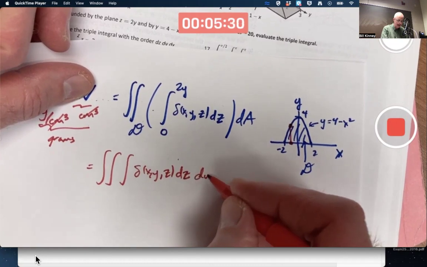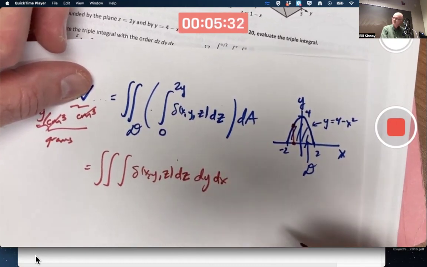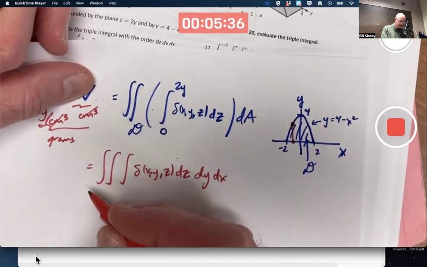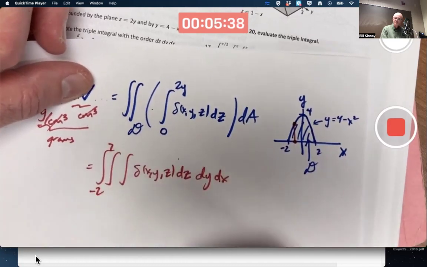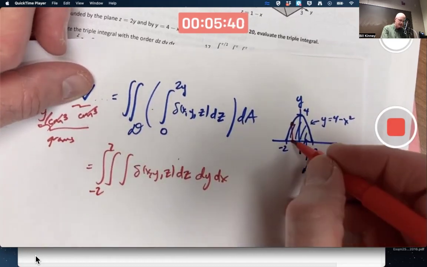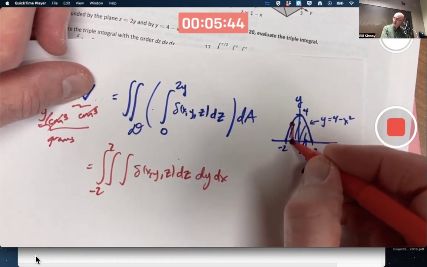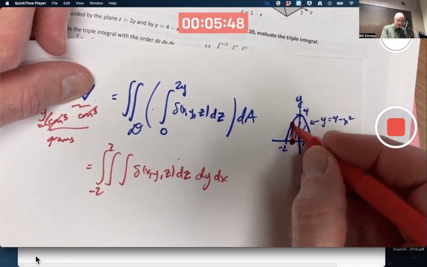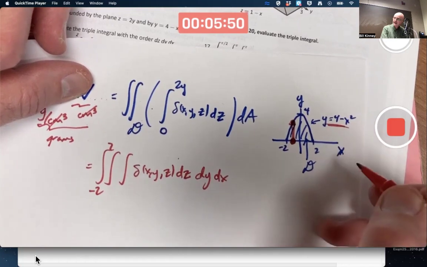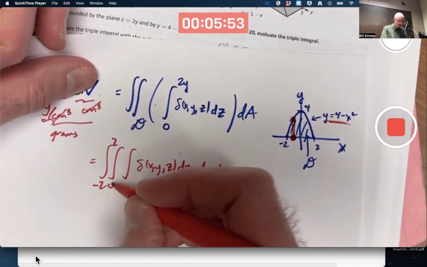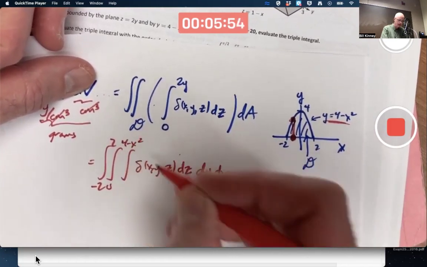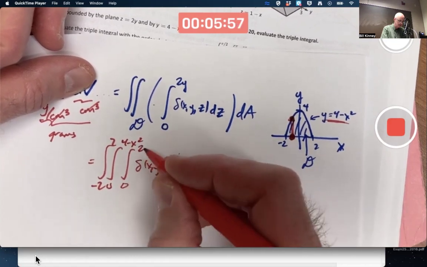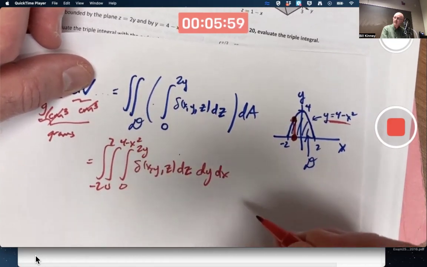It's sort of the opposite of what you would think. x goes between -2 and 2. For each such value of x between -2 and 2, y goes between 0, right, because that points on the x-axis, and this graph as a function of x, that's 0 to 4 minus x squared. Still keep the inner integral with respect to z the same.